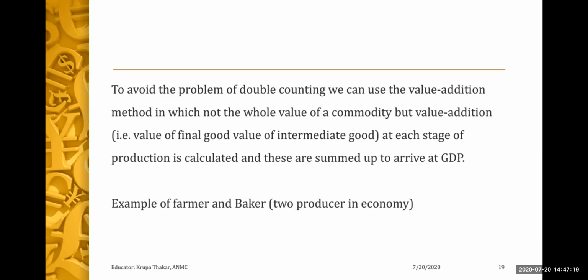Only part of the wheat, worth rupees 50, was sold to the baker, and out of that he produced something worth rupees 200. So we have to deduct that 50, which comes to 150. So 150 plus the 100 contribution by the farmer comes to 250. So here the total contribution or value addition is 250.